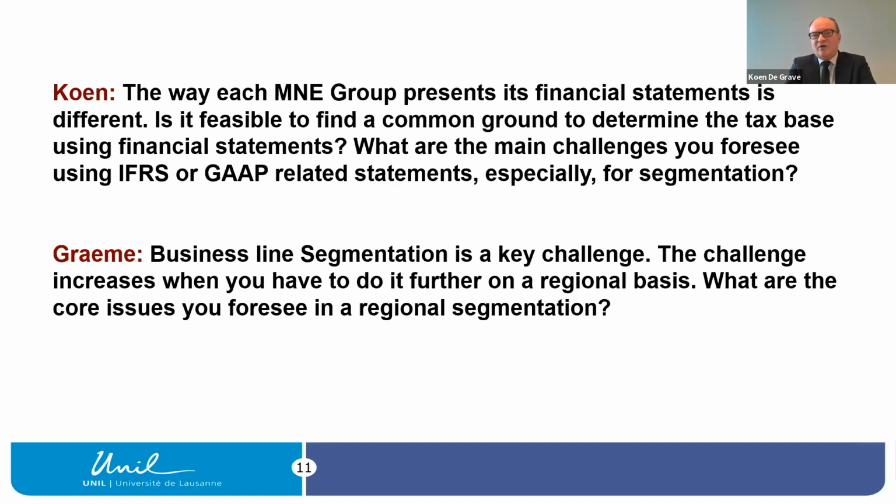So there are a bunch of profit measures being used, which are not really defined by IFRS itself, but defined by the company typically. That would be one of the challenges: how do you make comparisons between the different groups with different profit measures?